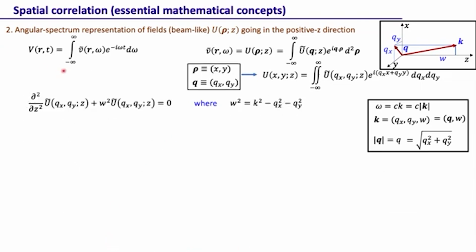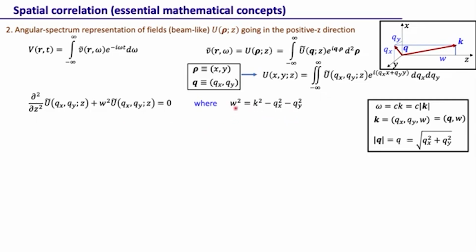Okay, so we started with this v and then v(r, t), and then we said we are interested only in u(rho, z). We wrote u(rho, z) as a two-dimensional integral where the conjugate basis is the spatial frequency basis, and now I find that this component u tilde(qx, qy, z) satisfies this differential equation, where this constant w square is k square minus qx square minus qy square.